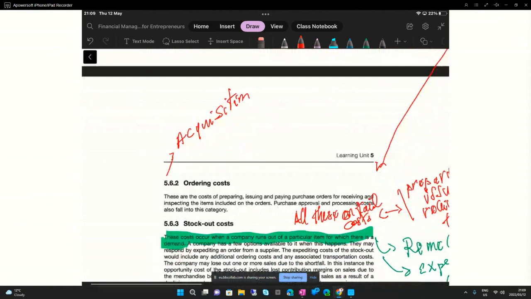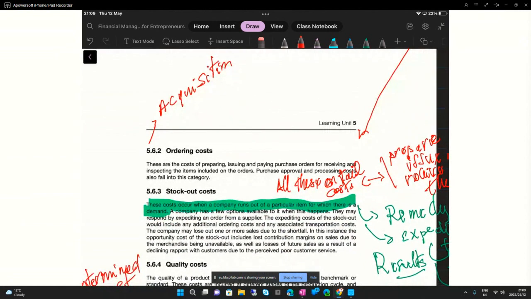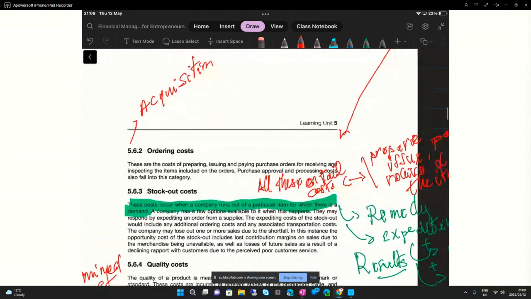Okay, now we come to a very important part, because this ordering cost is going to stick with you until the end of this chapter. The ordering cost, or the acquisition cost, basically speaks about the costs that are needed to prepare, to issue, and to pay for a purchase order. So if we want to make a purchase order, what are the costs involved for us to prepare and issue that order, to pay for that order, to receive that order, and to inspect the item included in the order?